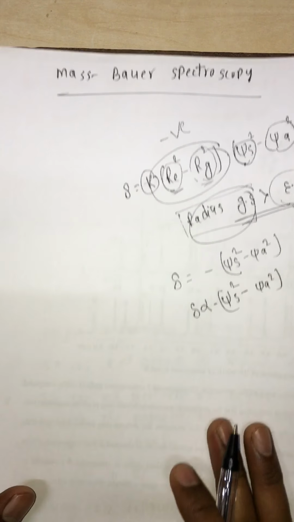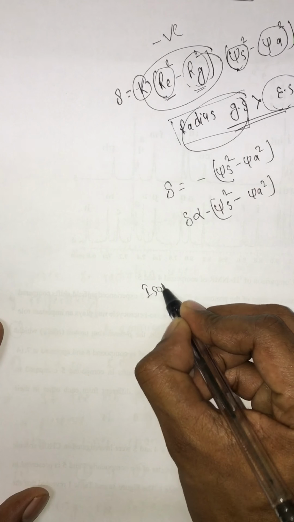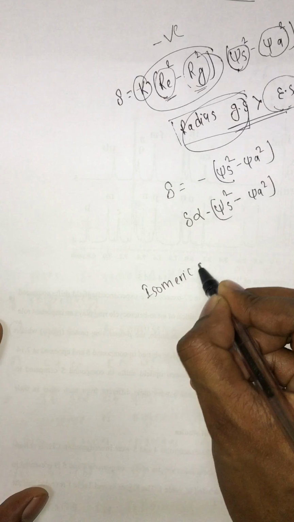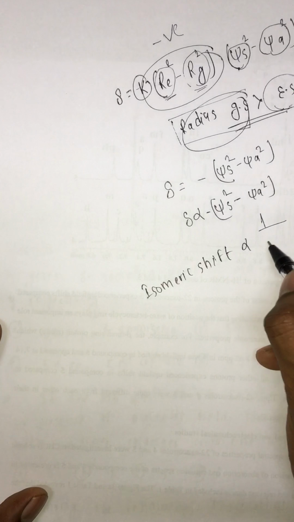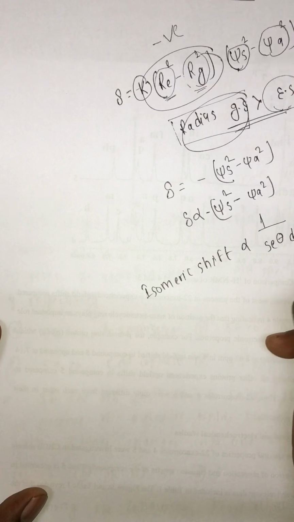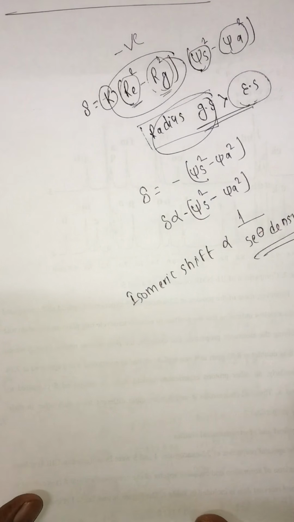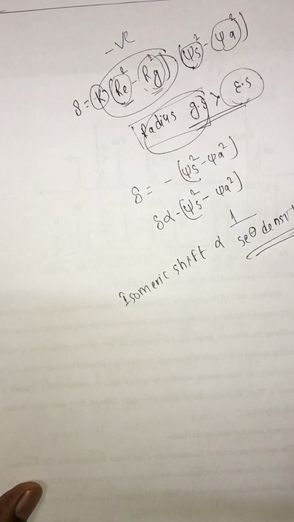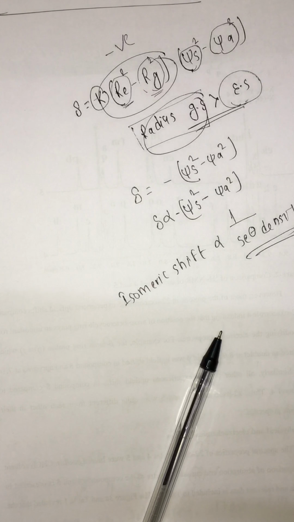As we know, the isomeric shift value is inversely proportional to s electron density. If more s electrons are there in the valence shell, the isomeric shift value will be least. If fewer s electrons are there, then the isomeric shift value will be higher.